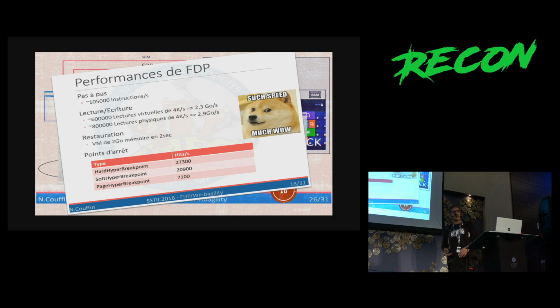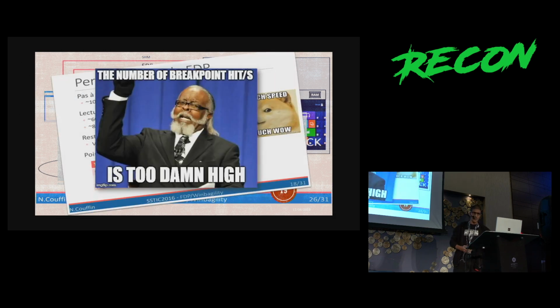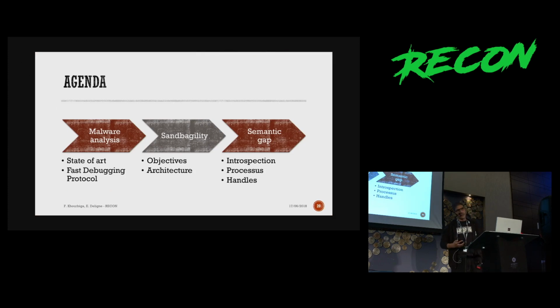The more breakpoints you can hit per second, the more useful it can be, because you can trace all the syscalls from a malware activity. So from that, we can write the Sandbagility framework without worrying too much about the loss of performance, because we don't have to keep this in mind.